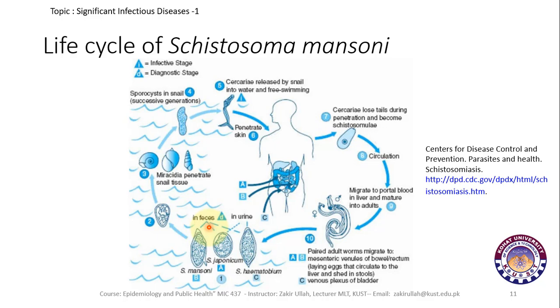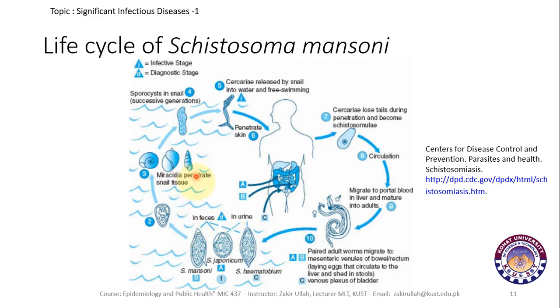This is the life cycle of Schistosoma mansoni. First, it is excreted in feces or urine.